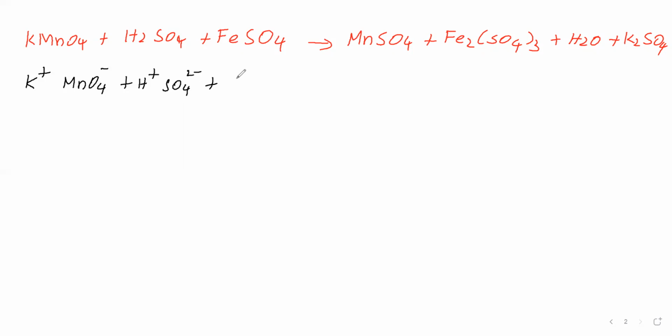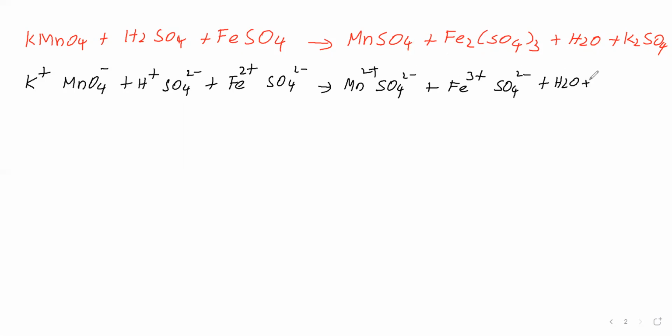Ferrous sulfate contains ferrous ions and sulfate ions. Then manganese sulfate: sulfate is SO4 2 minus, therefore Mn2 plus is separate. Ferric sulfate, cross multiply: ferric is Fe3 plus, sulfate is SO4 2 minus. Water doesn't split, it stays as it is. Potassium sulfate splits as K plus ions and sulfate ions.